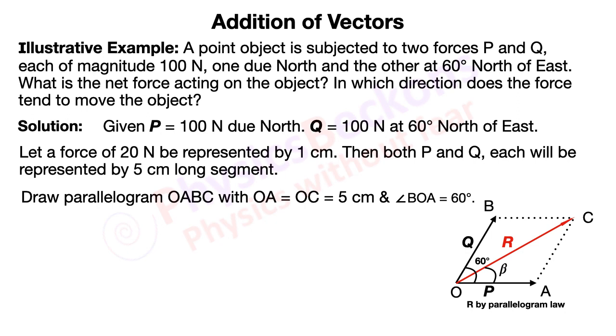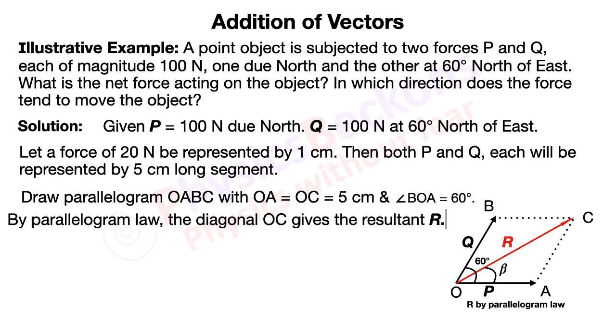And the angle between OA and OB equal to 60 degree. This is OB. OA equal to OB equal to 5 centimeter. By parallelogram law, the diagonal OC gives the resultant.